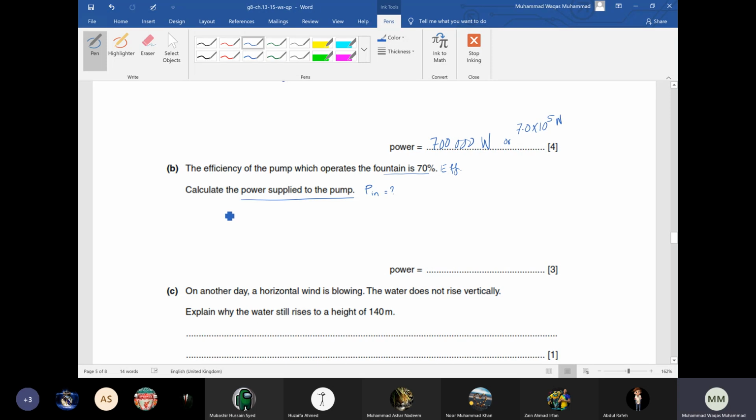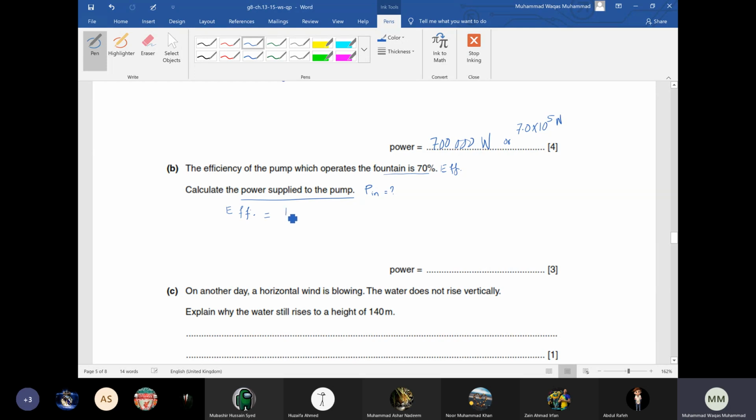So beta, we know the formula that efficiency is equal to energy out over energy in, or power output over power input. Power P out over P in times 100. Beta, it's always output over input, not input over output.